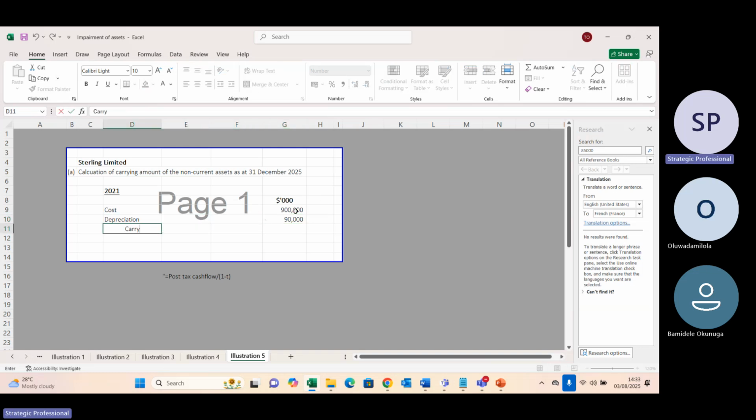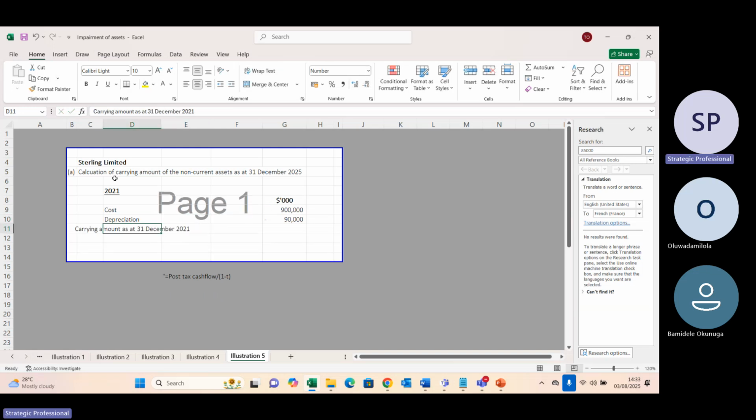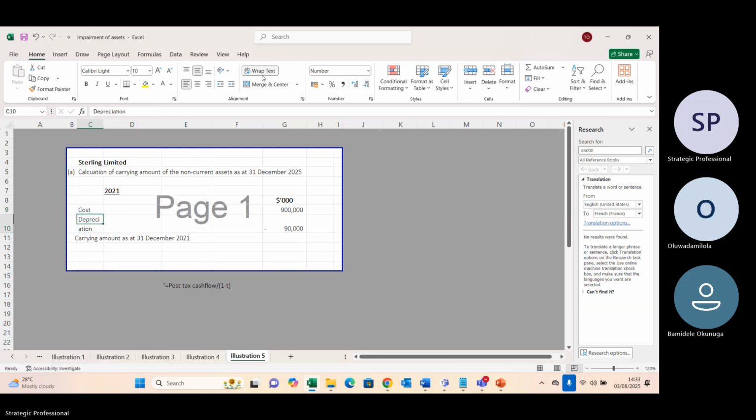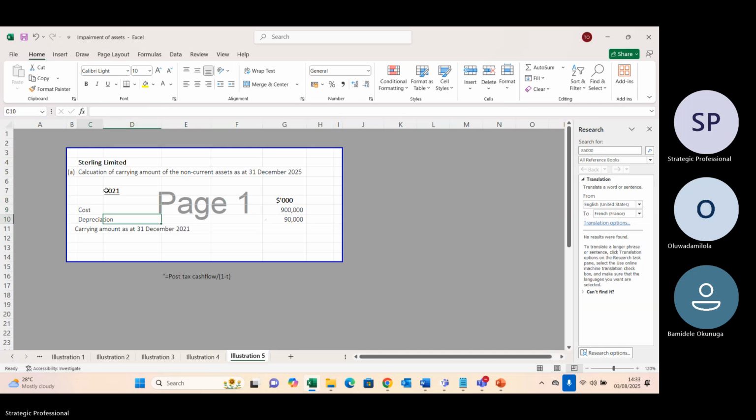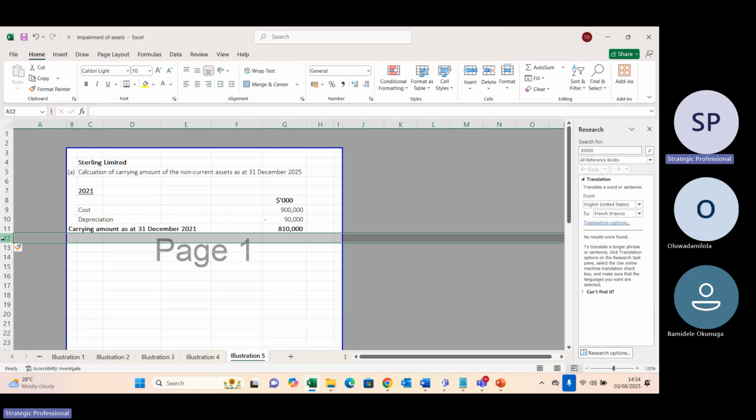Now the carrying amount as at 31 December 2021, you agree with me that the carrying amount is 810,000. Do you understand this one? Yes. You agree? Yeah. But don't forget, the question is saying that we should do 31st December 2025.